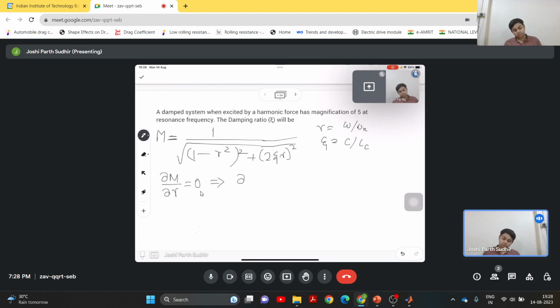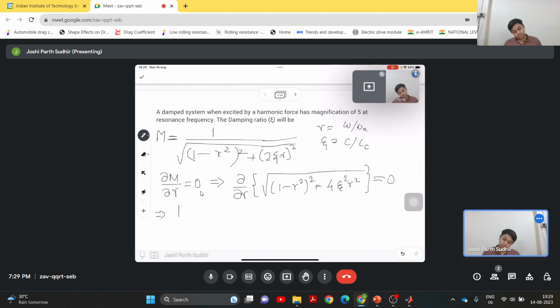So we could also differentiate and equate del by del r of square root of (1 minus r square) the whole square plus 4 zeta square r square to 0.